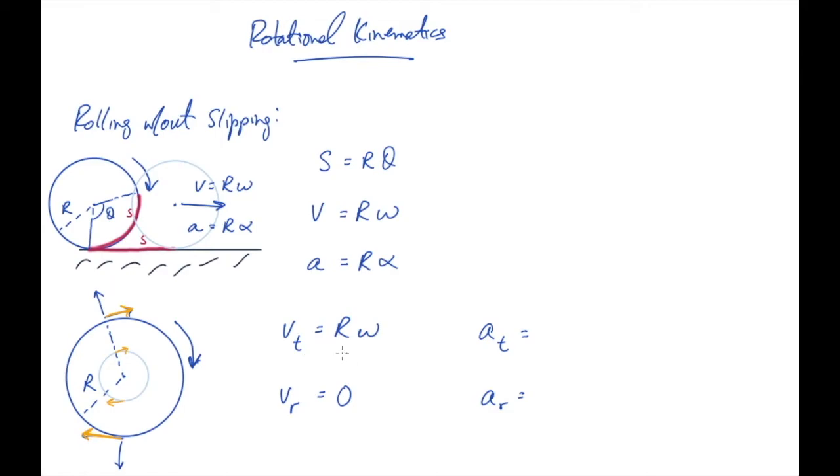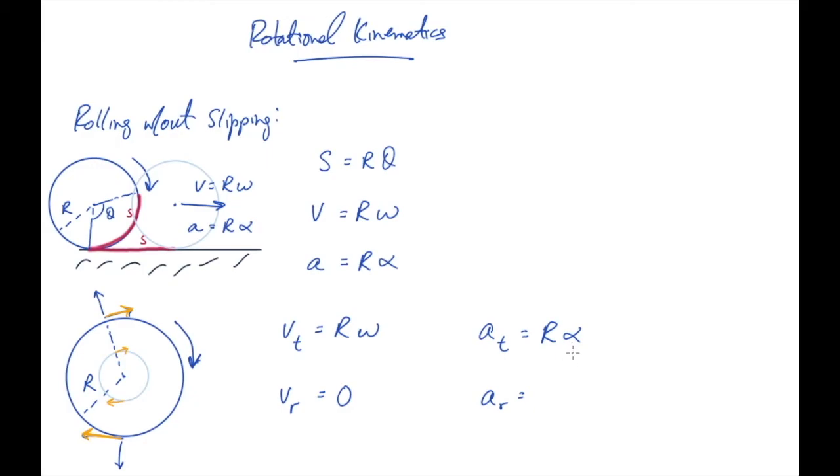For the accelerations, we can go through a similar argument as above to get the tangential acceleration. The tangential velocity was r times omega. To find the acceleration in that same direction, we just take its time derivative. The time derivative of this expression tells me that the tangential acceleration equals r times alpha. If you want to know whether this orange component is getting longer or shorter, if a point on the rim is moving faster or more slowly in the tangential direction, you need to know whether the object is rotating faster or slower.